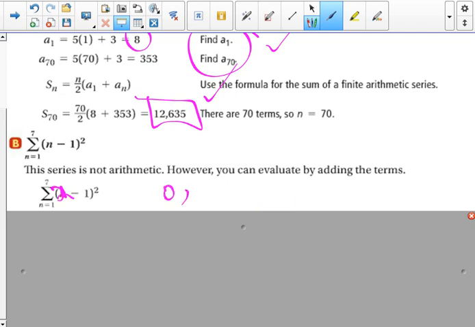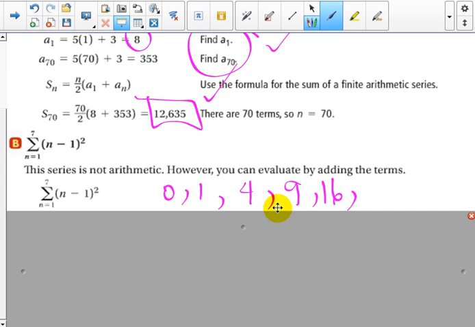The second term, n is equal to 2. 2 minus 1 squared, which is 1 squared. Our third term, 3 minus 1, which is 2 squared, which is 4. Our fourth term, 4 minus 1 squared, which is 3 squared, 9. Our fifth term, 5 minus 1 squared, which is 4 squared, which is 16.